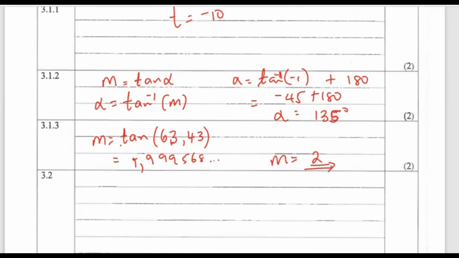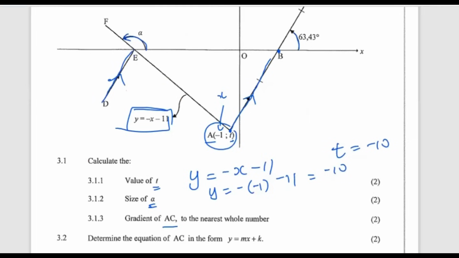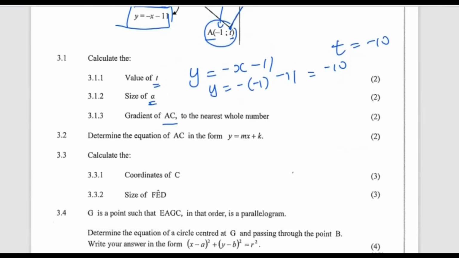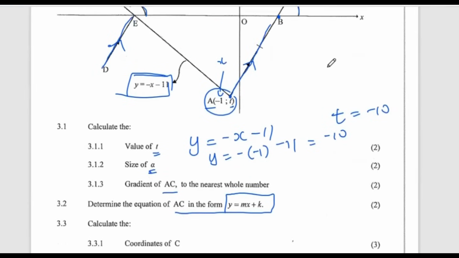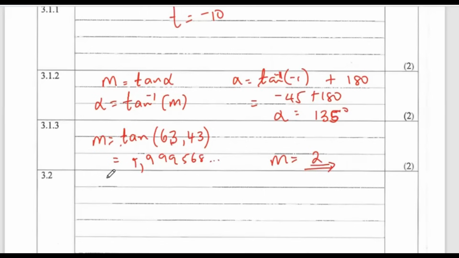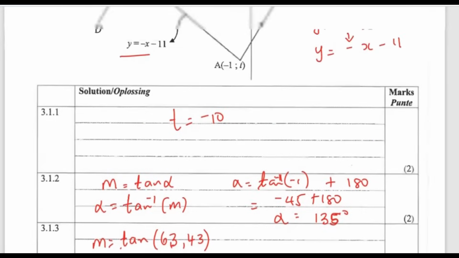And then we're done. Then 3.2, they're asking us to get now the equation of AC. Since we already have the gradient, and there's this one point A, we can use that. So we're going to use the gradient of 2 and point A, which is (-1, -10).